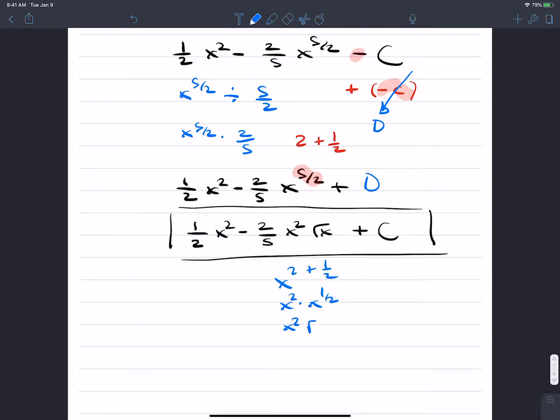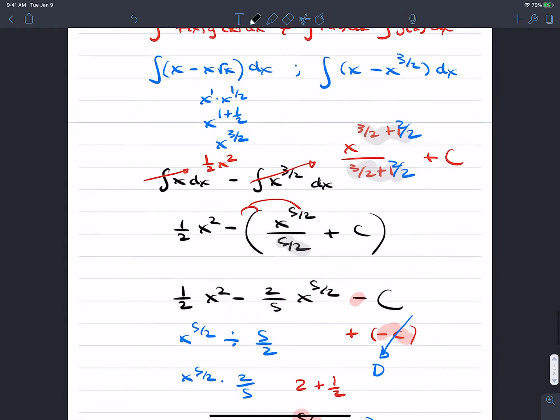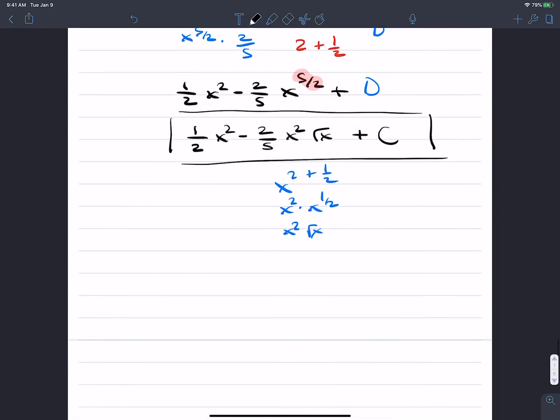And that's x squared times the square root of x. That's where that came from. So here's every detail. And these are questions you can see. Let's go further and do some more.